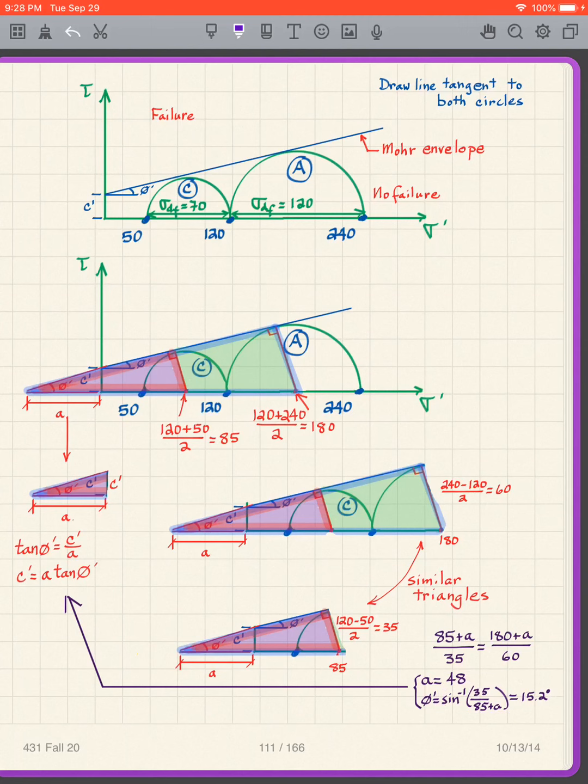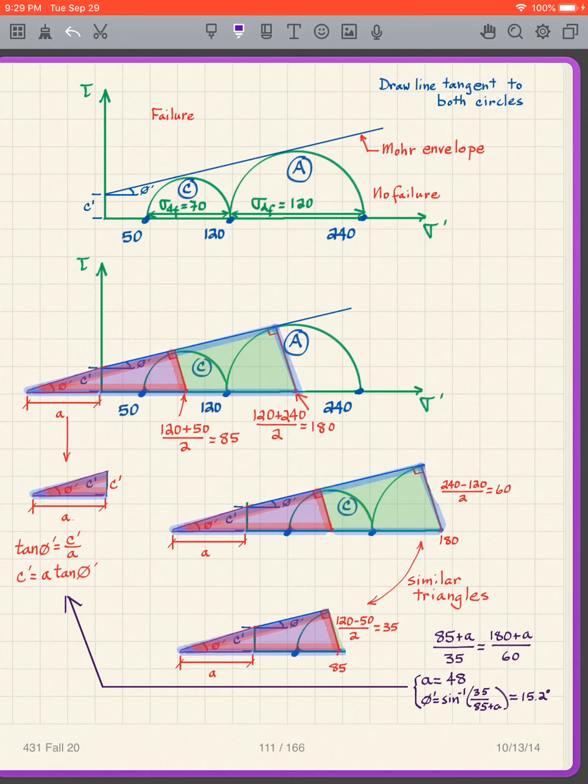Now that I know that angle is 15.2 degrees, I can use it over here. I know what A is. That means I can get C prime. I know that the tangent of phi prime is C prime over A, so C prime is A tangent phi prime. I can plug in those values, and I get... I guess I'm missing it. I don't see the value of C.